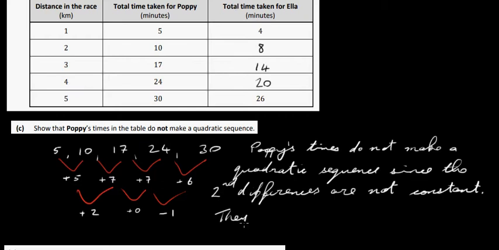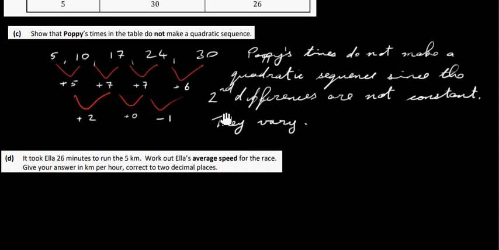They vary, in other words. Okay, second difference is not constant, therefore it's not a quadratic sequence.